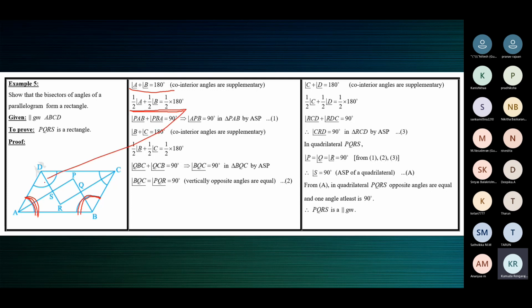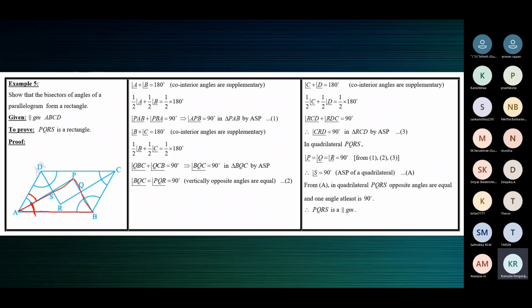Now what is half of angle A? Because the angle is bisected, half of angle A is this one, or you can even use this one. But we'll choose to use this portion. So half of angle A is replaced with PAB, because we are going to do something with the triangle PAB.